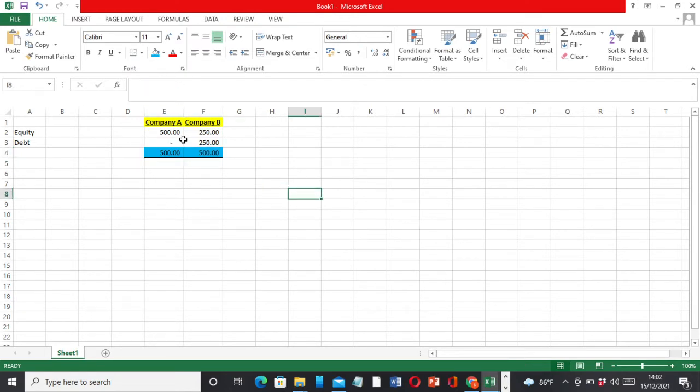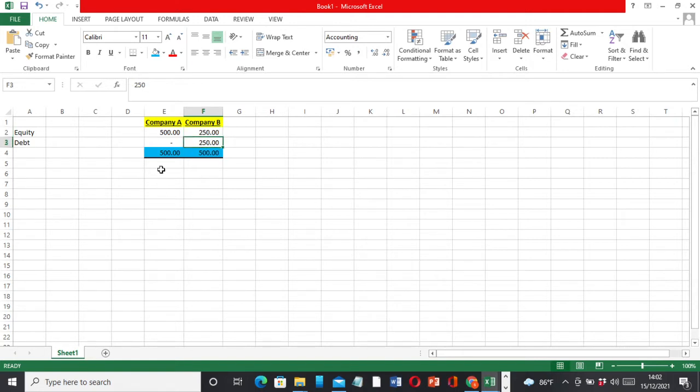So in terms of the capital structure, both the companies have 500 million total capital, but the structure is different. Company A is fully equity financed, which is their own money. Company B is 50% equity, 50% debt. So this is their own money and this is their borrowed money.